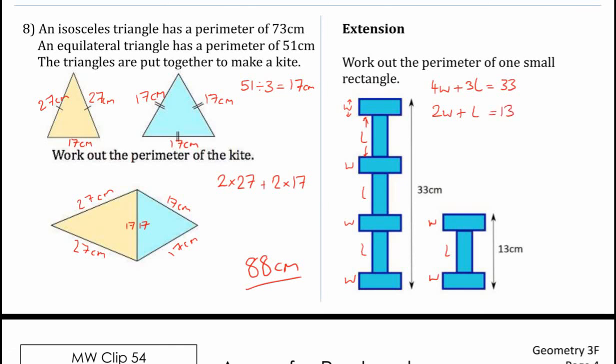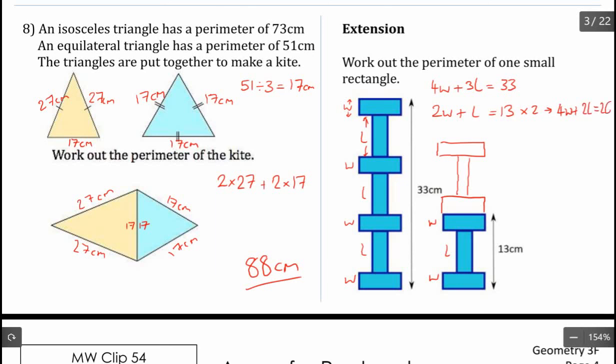Now, if I were to double this second equation, okay, and put another one on top of what I've already got, it could help us solve this problem. Okay, so if I double all of this, what I would have is 4 widths plus 2 lengths is 26.